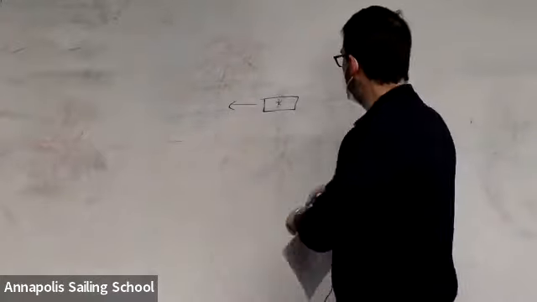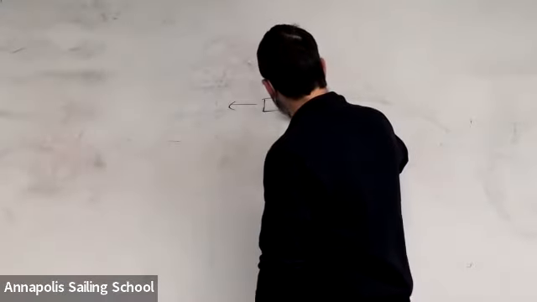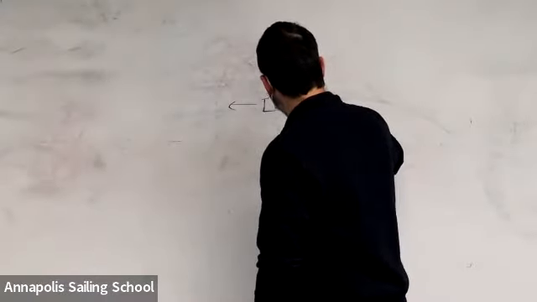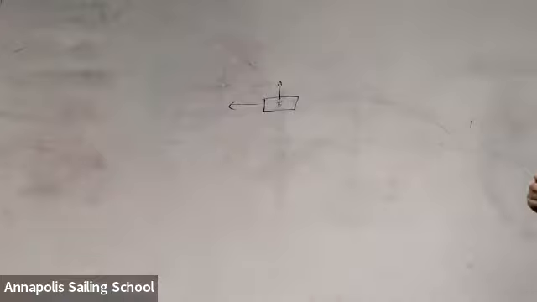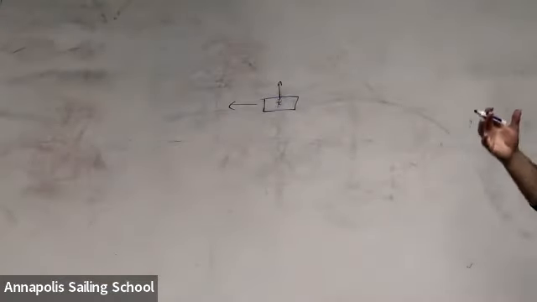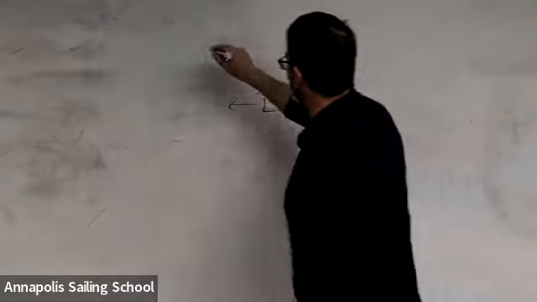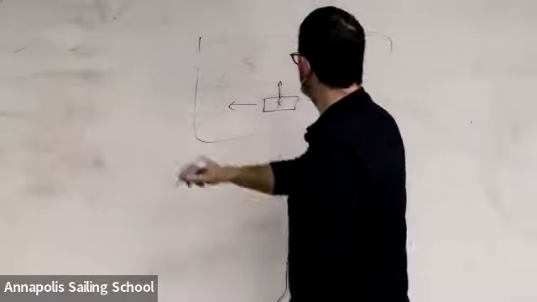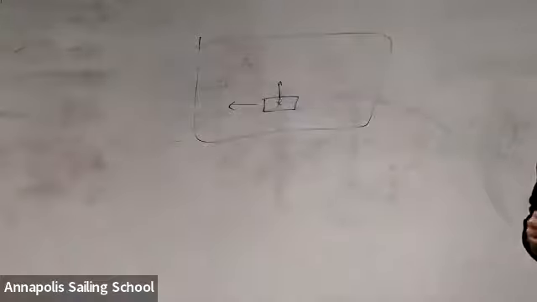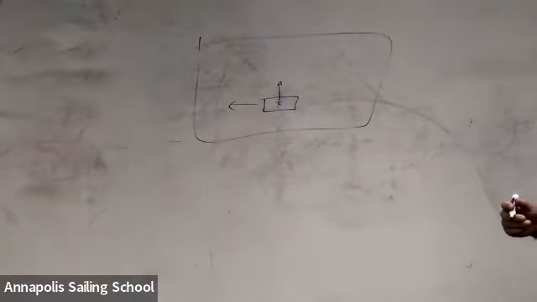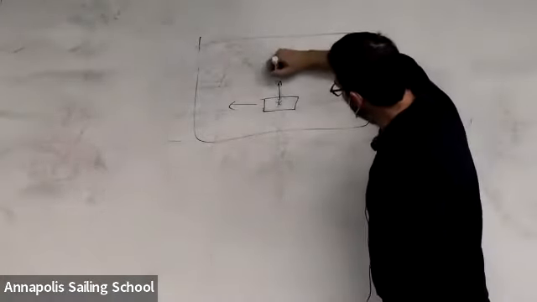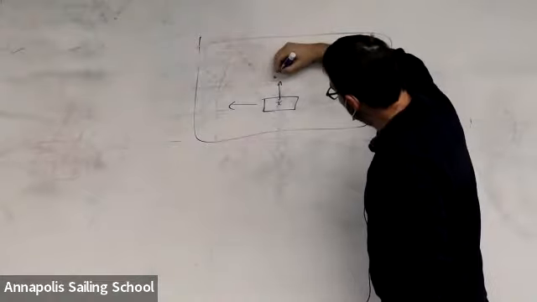So if I throw the ball this way, so I'm looking at the train car, I throw the ball here. That's the direction from the train the ball is going. But if I want to think about it relative to the earth around the train, it's not going to go in that direction because it already has the velocity from the train. So the velocity from the train is in this direction.